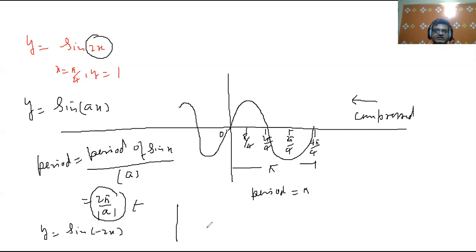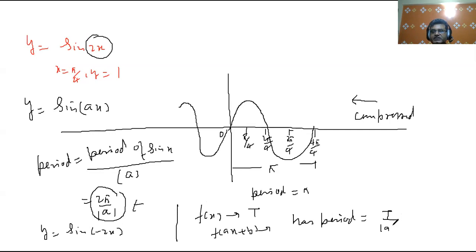Now we can generalize this also. Let f of x have period T. Then f of ax plus b has period T upon modulus of a.